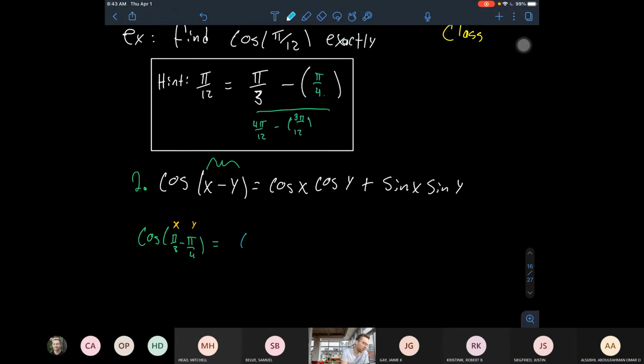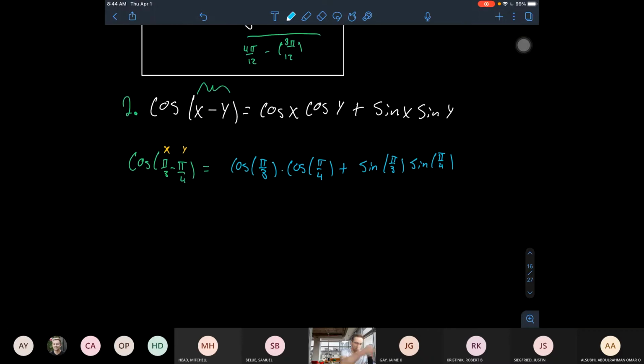So this is going to be equal to cosine of pi over 3, that's x, times cosine of pi over 4, that's y, plus sine of x, which is pi over 3, times sine of pi over 4. Okay?